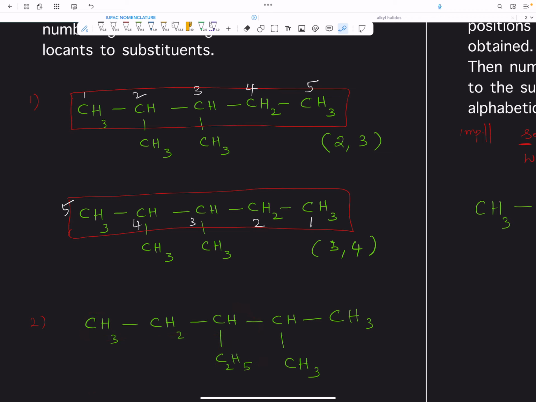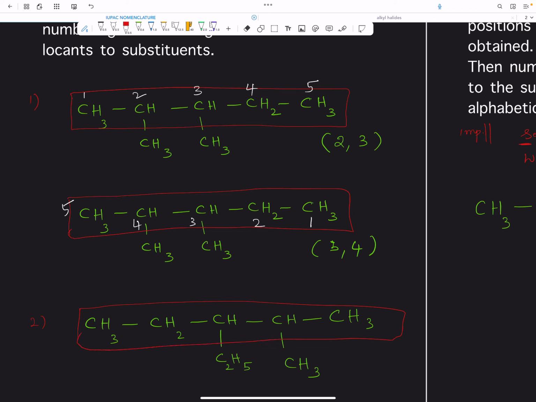Now let us choose one more longest carbon chain: 1, 2, 3, 4 and 5. Again this also has a 5 carbon longest continuous chain, but it delivers 2 substituents. Therefore, the parent chain is the longest carbon chain with the maximum number of substituents.